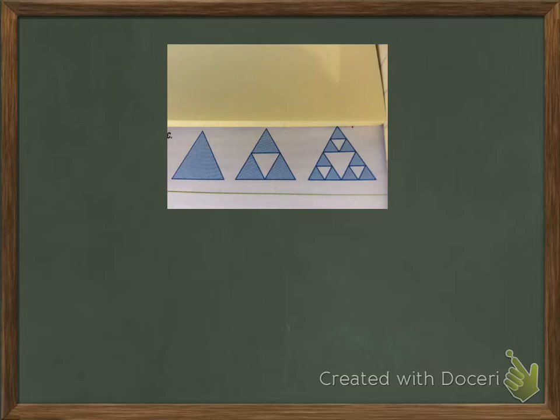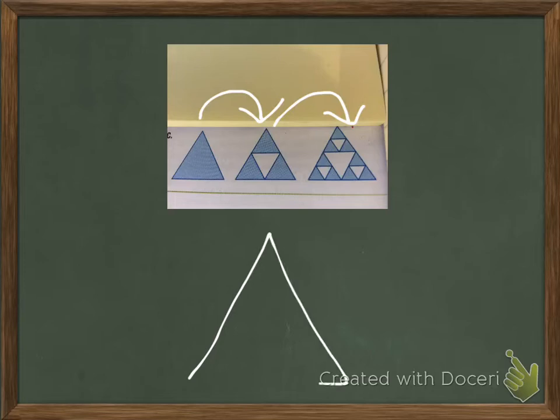So if you see here, from this to this, that's what I'm talking about. So then if you take each shaded area, then you do it again and draw a triangle with the vertices in the middle of each side, then you're going to keep getting more.